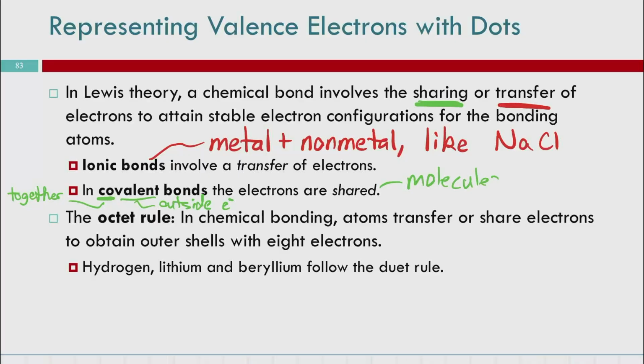So molecules have covalent bonds. So things like methane, CH4, that's linked together by sharing electrons rather than giving away or stealing electrons, however you want to think of it.